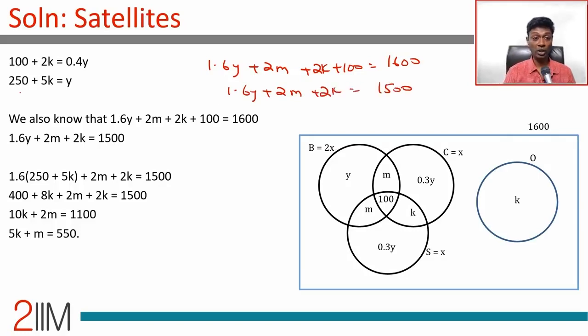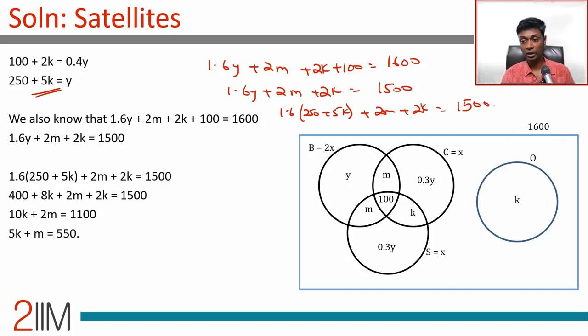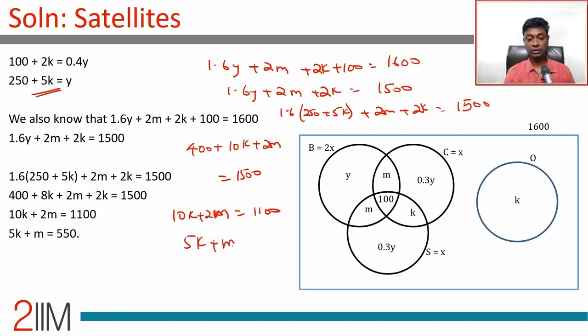We know that Y is 250 plus 5K. So 1.6 into 250 plus 5K plus 2M plus 2K is 1500. 1.6 into 250 is 400 plus 8K plus 2K, 10K plus 2M is 1500, or 10K plus 2M is 1100, or 5K plus M is 550.